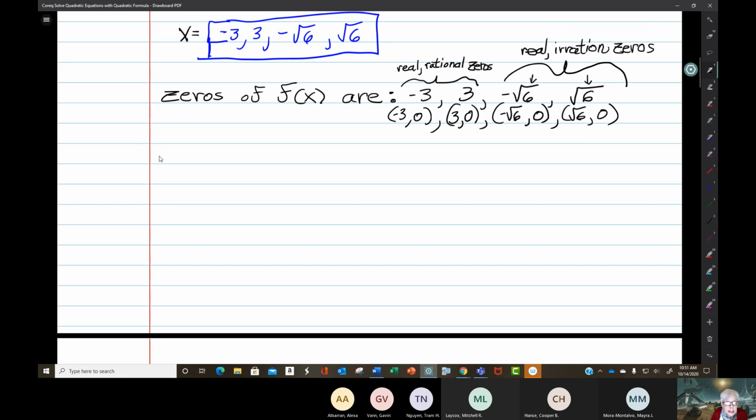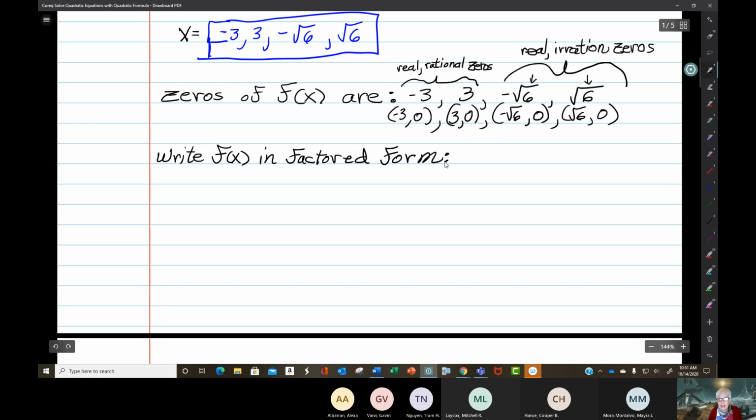The instruction is write f of x in factored form. Write f of x in factored form.